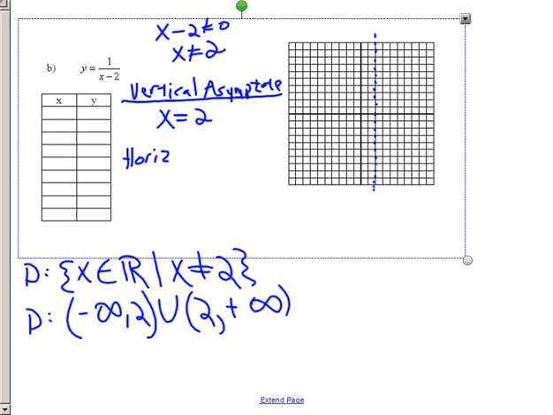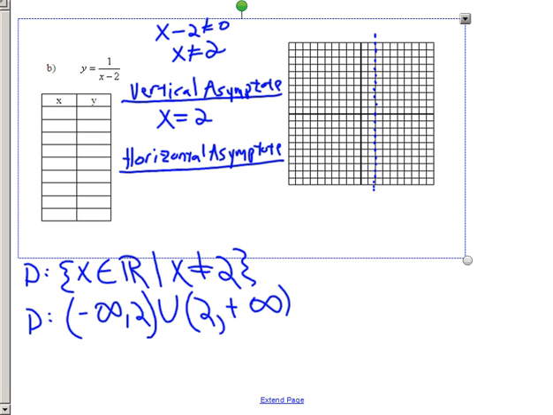When we find horizontal asymptotes, there's really a 3-step rule that we're going to need to apply. It will be emphasized again in Chapter 2 when we talk about limits, because when you're finding asymptotes, you're really using limits to discover those asymptotes.